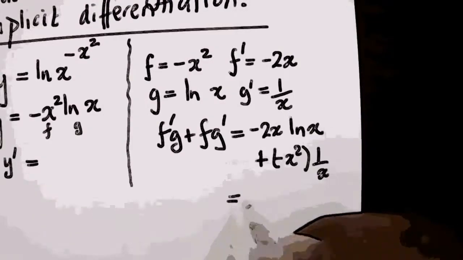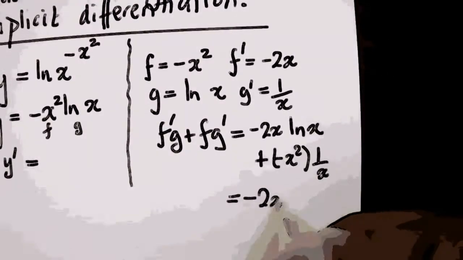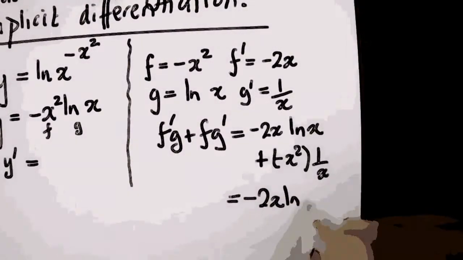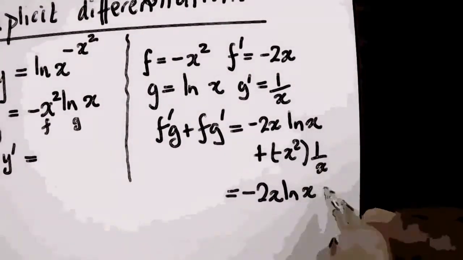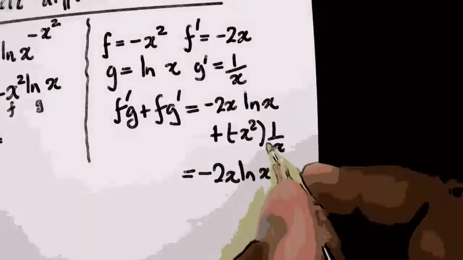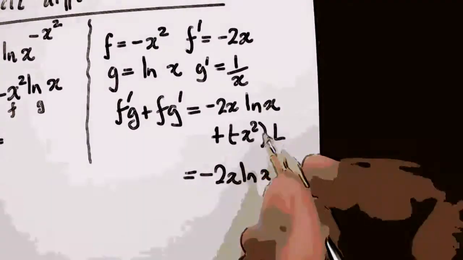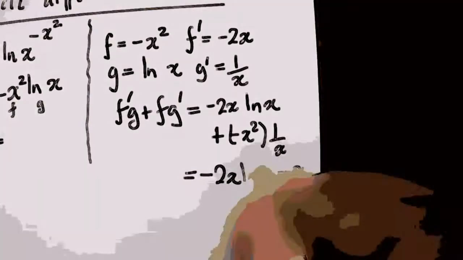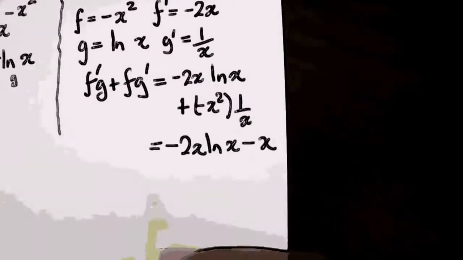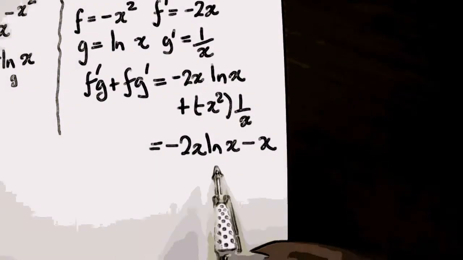So let's simplify this. This becomes minus 2x ln x plus, and the negative stays negative. The x here is going to cancel with the x squared, so it's going to be minus x. So this is our derivative using the product rule.